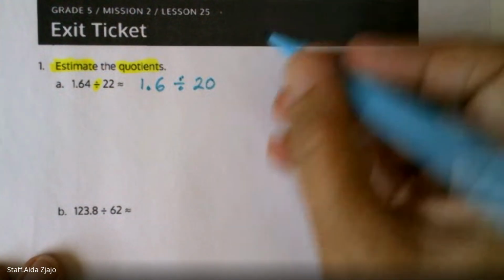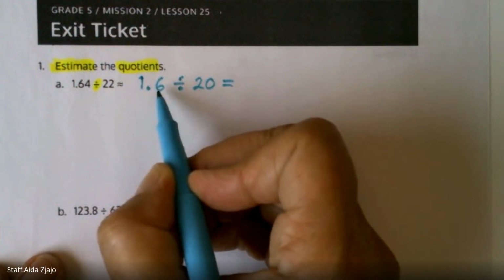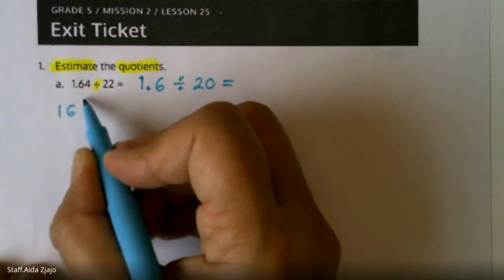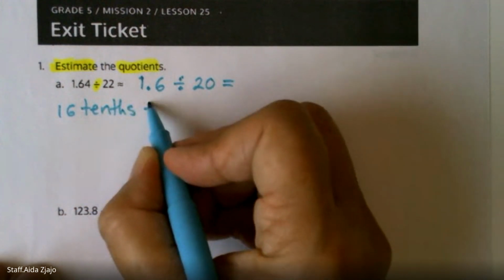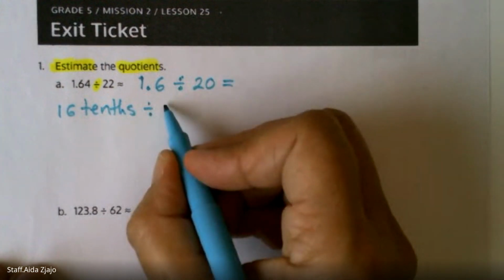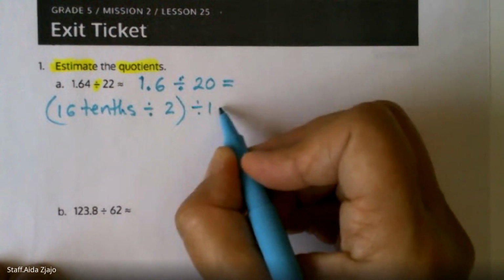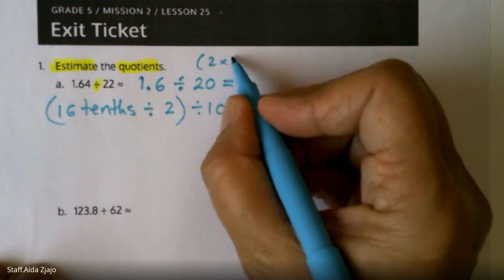So now I can use language. I can think this 1 and 6 tenths is really 16 tenths. And I'm going to divide that by 2 and again by 10, because if I decompose 20, it would be 2 times 10.